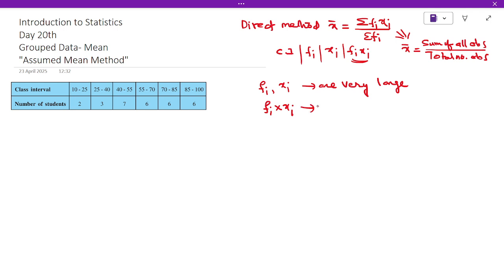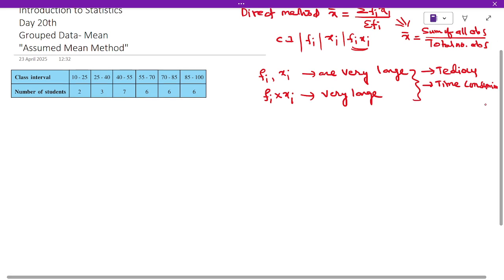Obviously this product also will become very large, right? Because of these large numbers, our calculations will become tedious. And also, multiplying those two large numbers takes time, right? So therefore they are time consuming, right?